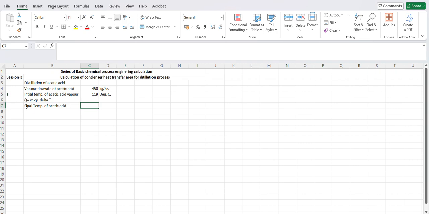We need to take that acetic acid to room temperature, or near about 35 degrees Celsius. Then we need to gather the data like specific heat or heat capacity.